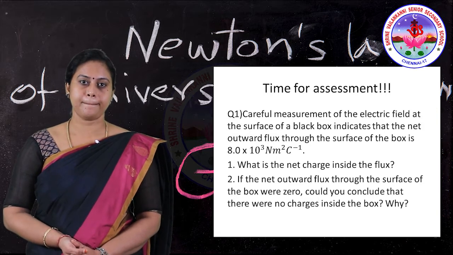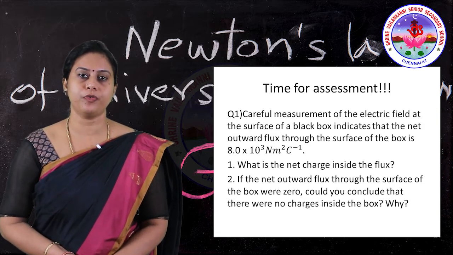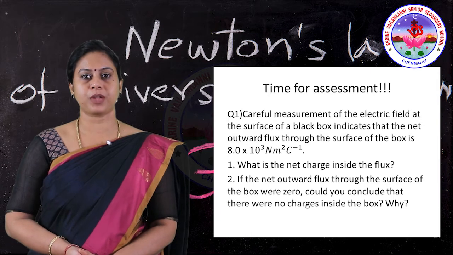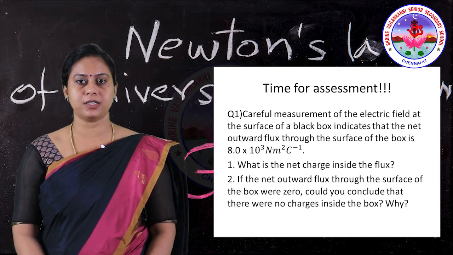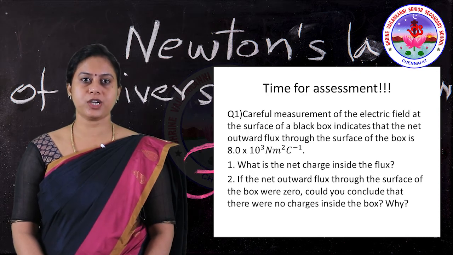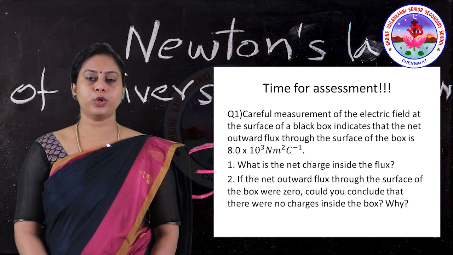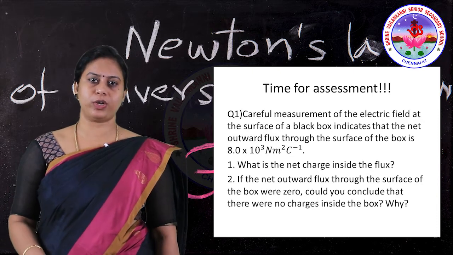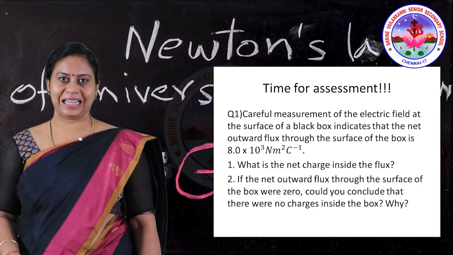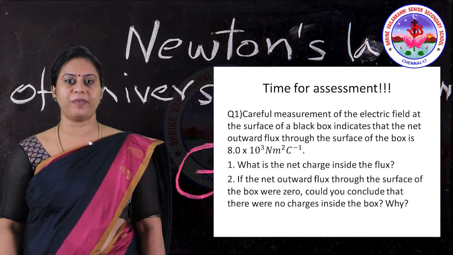Question 1. Careful measurement of the electric field at the surface of a black box indicates that the net outward flux through the surface of the box is 8.0 into 10 power 3 Newton meter square Coulomb power minus 1.